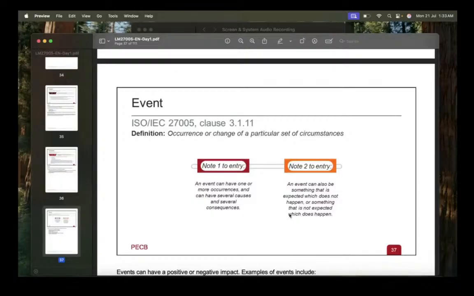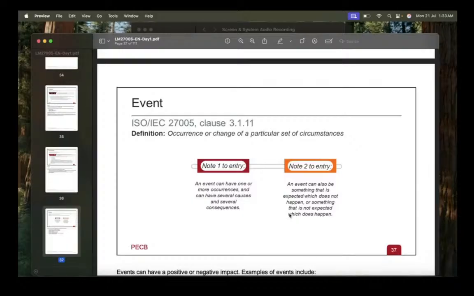An event is basically any occurrence or change of a particular set of circumstances. You can just note it down for future reference. Note 1 to entry and note 2 to entry are mentioned here. If we have a look into that, we can see an event can have one or more occurrences and can have several causes and several consequences, which is note 1.